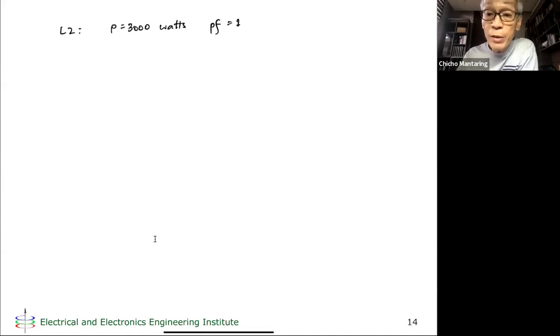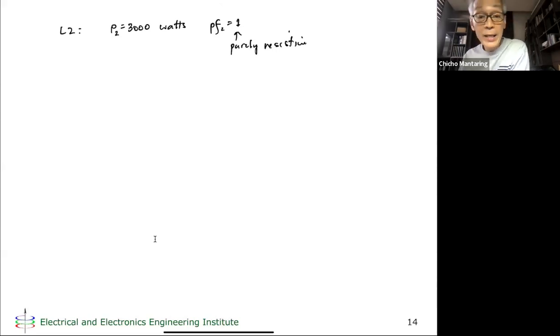When the power factor is 1, this is P2, and it means purely resistive. So when purely resistive, we have no imaginary component in L2.